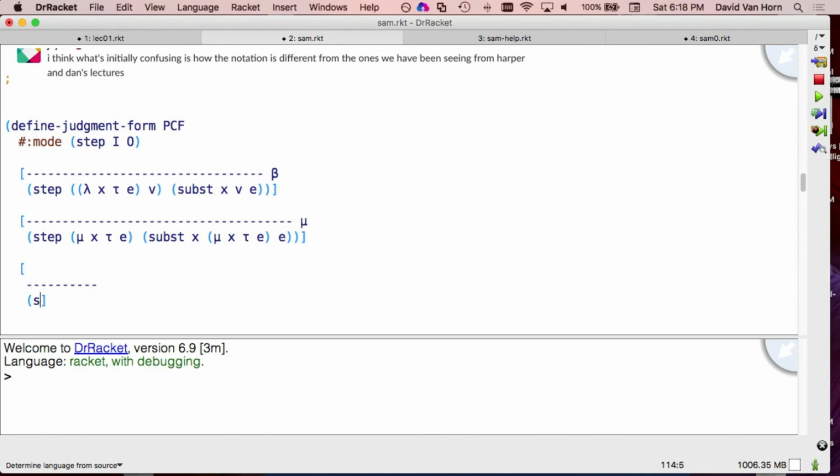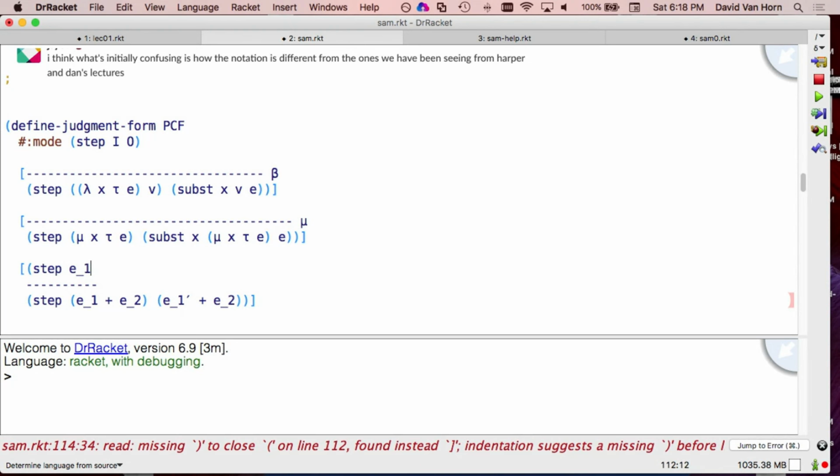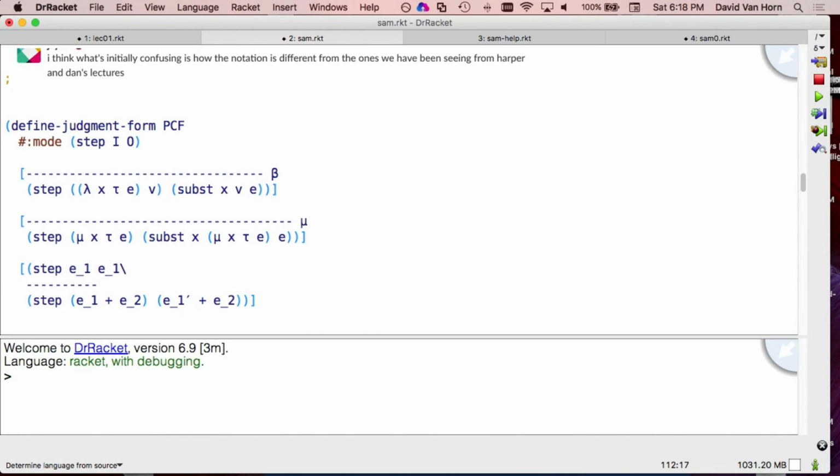Okay, let's do plus, because that's easy. Okay, so if you have step of E1 plus E2, that will step to E1 prime plus E2 if E1 steps to E1 prime.